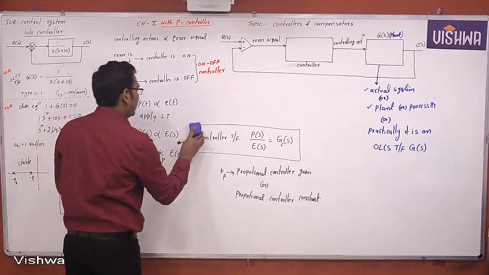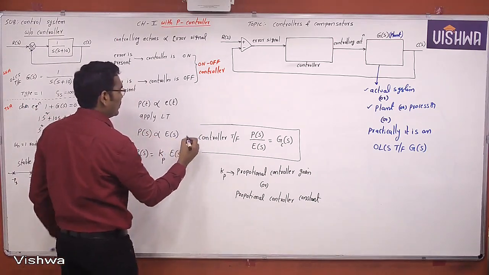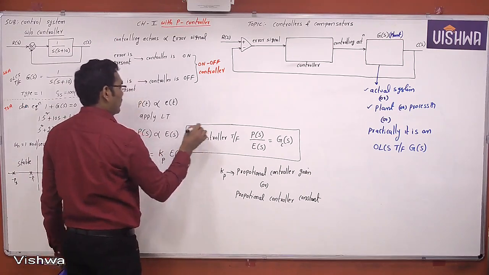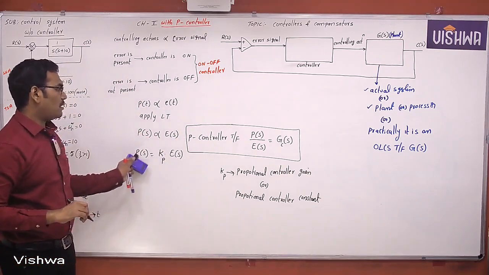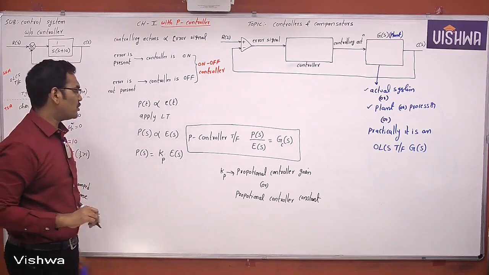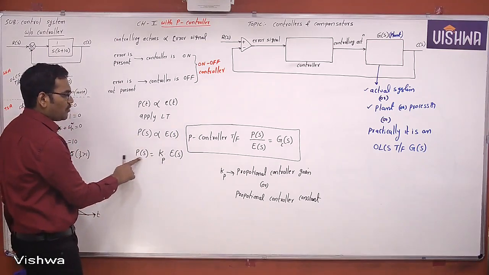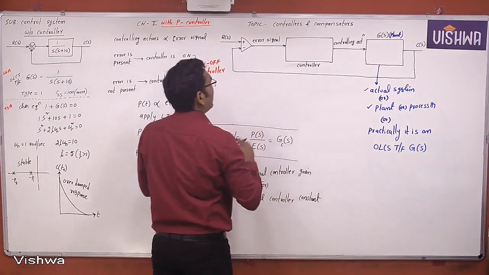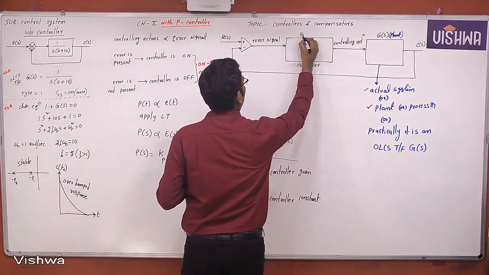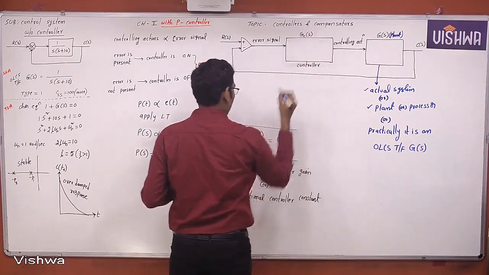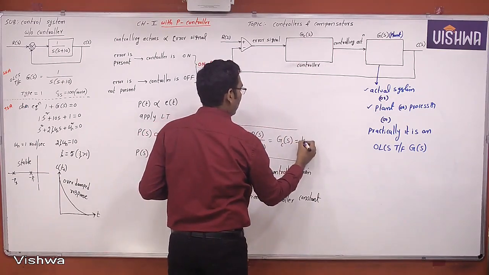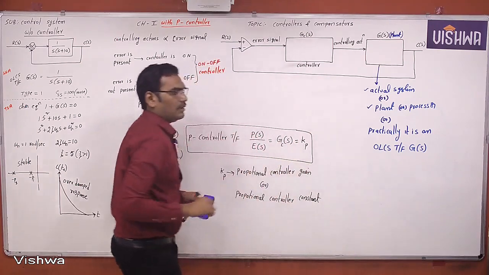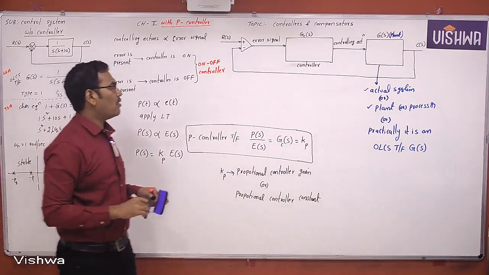Therefore, finally, what is the P controller transfer function? The proportional controller transfer function is the Laplace transformation of output by Laplace transformation of input, which is the controller transfer function Gc of s, and this is nothing but only Kp, the proportional controller gain or proportional controller constant.